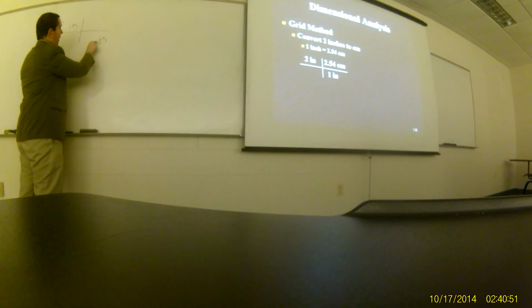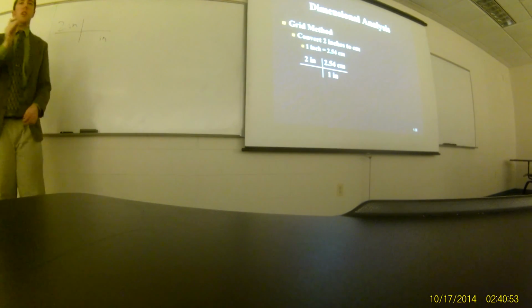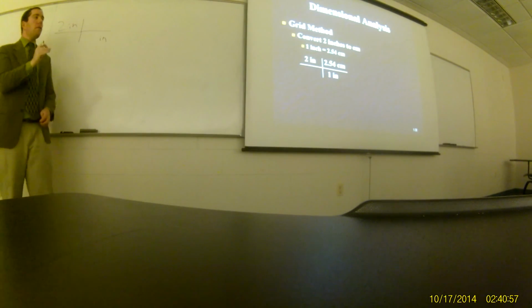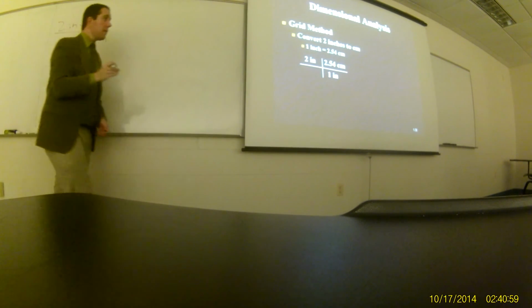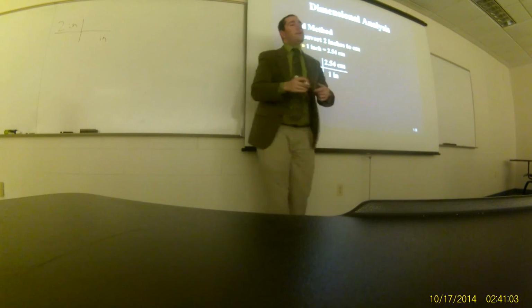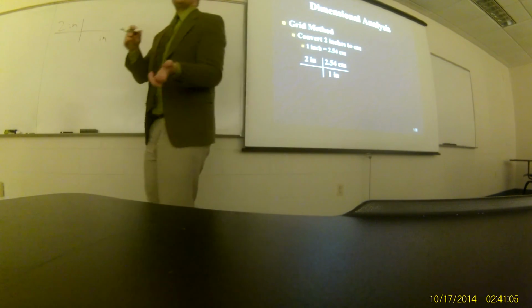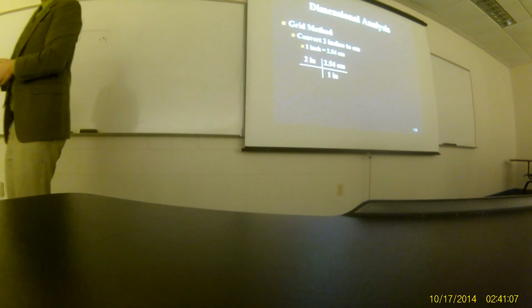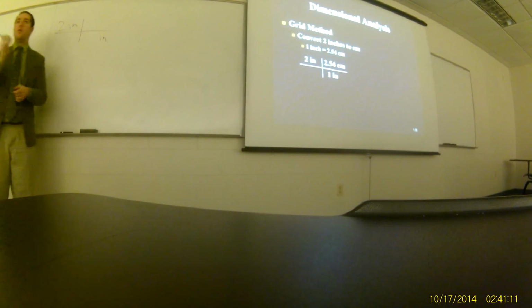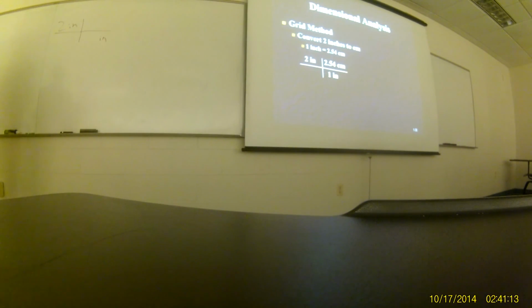So once we have this, we have to think, what relationship do we know? What conversion factors do we know involving inches? In this case, we're given this one. You also know that there are 12 inches equals 1 foot. But we want to get centimeters here. Do we know the direct conversion between inches and centimeters?